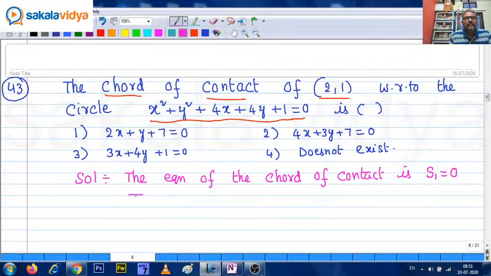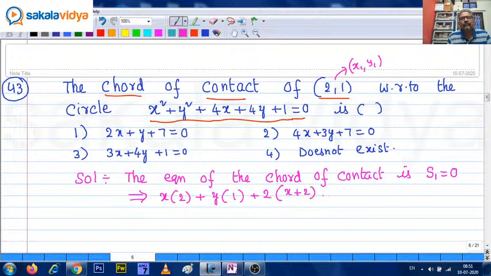So S1 means xx1, where this is x1 comma y1. Here x multiplied by 2, y multiplied by 1, plus 2 times of x plus x1 which is 2, plus 2 times y plus 1, plus 1 equals to 0. We need to simplify this one.